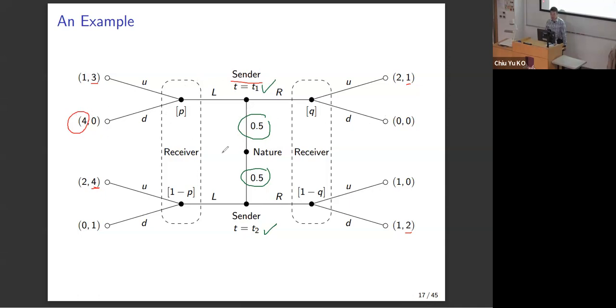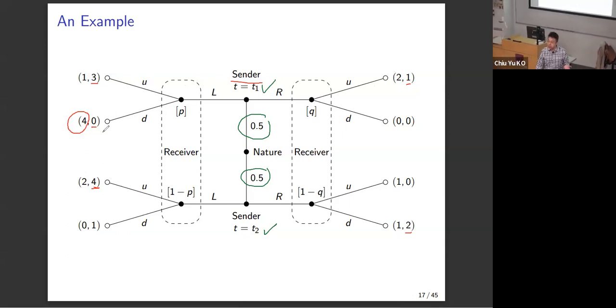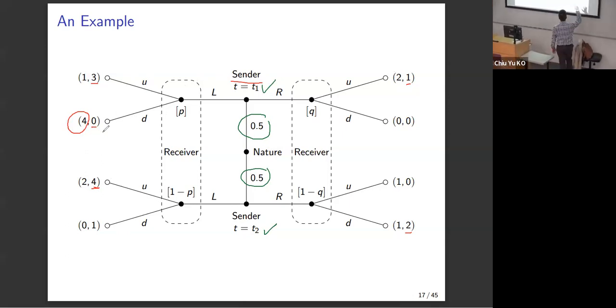But if I send this one, then I end up in 2. So I actually want this side to be better, but this side is worse for player 2. So there has to be some conflict of interest between them. It's not aligned. If the interests align, then the model is very simple. But anyway, this is the game.